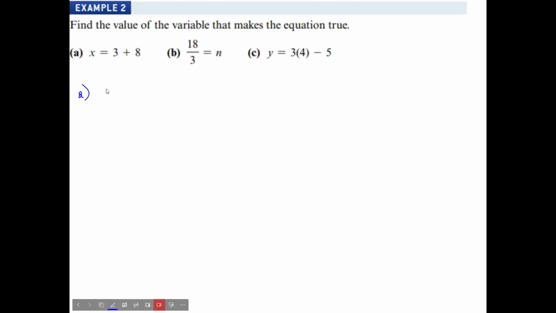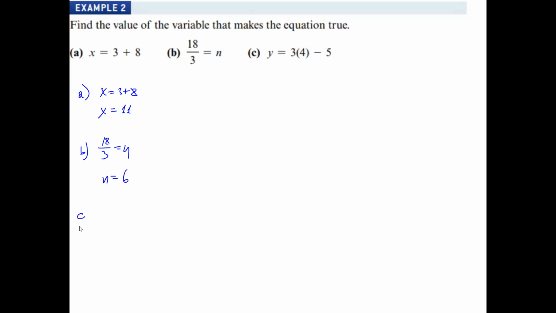So A, x equals 3 plus 8. So 3 plus 8 is what? 3 plus 8 is 11. We solve it. B, 18 over 3 equals n. So n is what? 6.